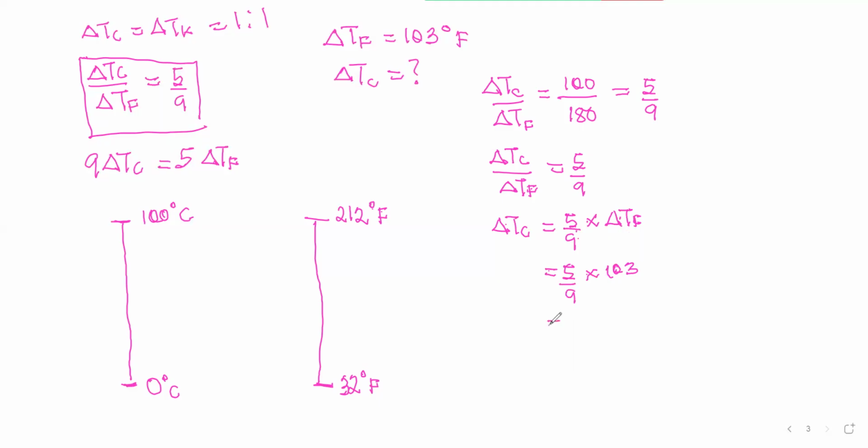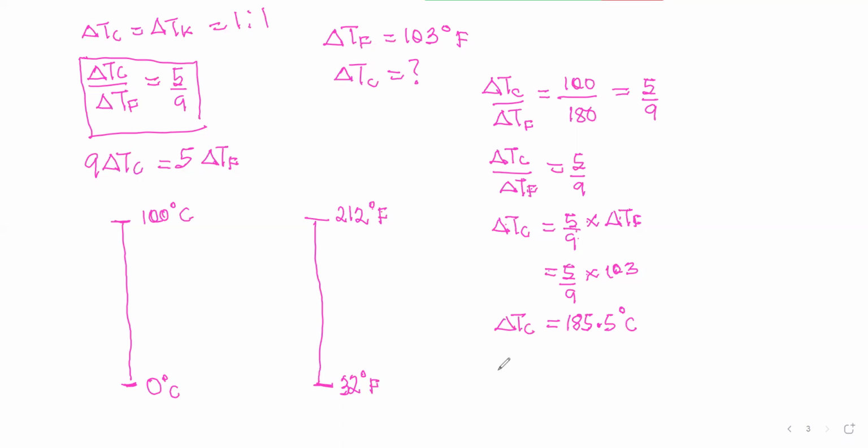What is this, a product and then quotient? 5 times 103 divided by 9. What's the answer? 57.2. So this is the equivalent change in temperature on the Celsius scale.